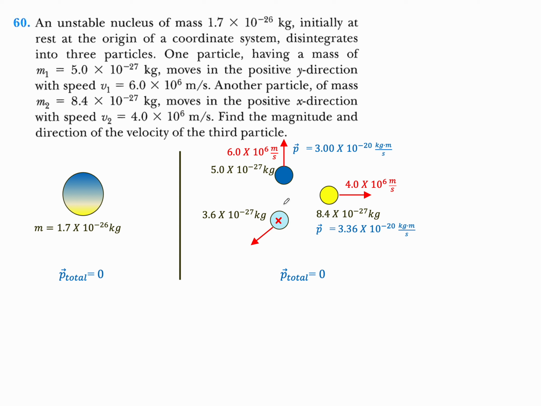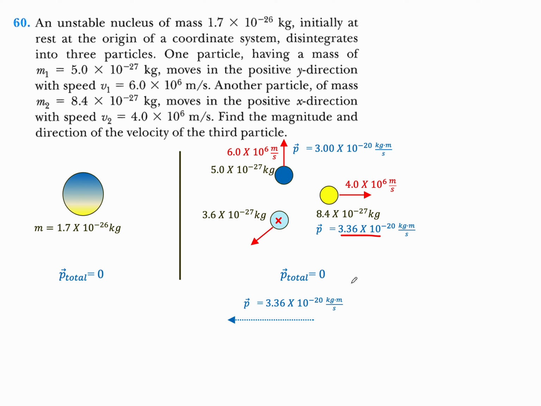For the total momentum to be zero, this momentum, which is acting at an angle, must counteract, or be exactly opposite, these other two. I'm going to draw it separately down below. So, for example, our unknown light blue particle here must have a momentum that's exactly equal but opposite to this momentum over here.